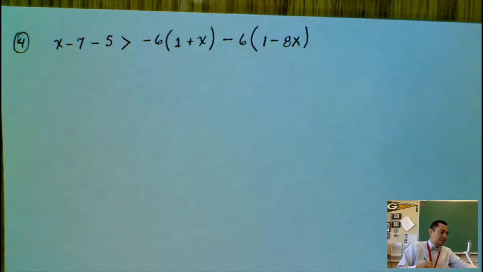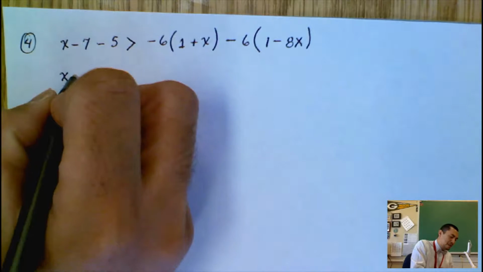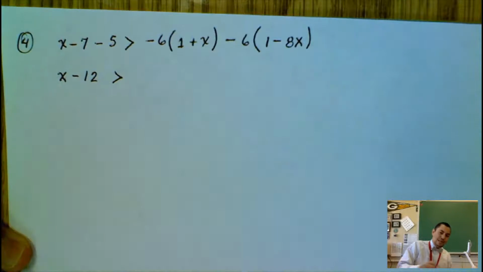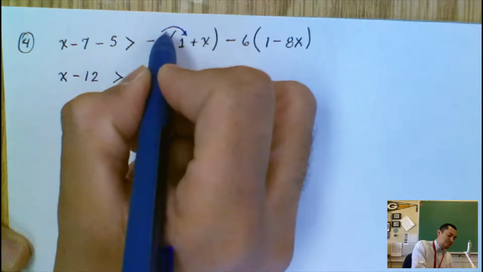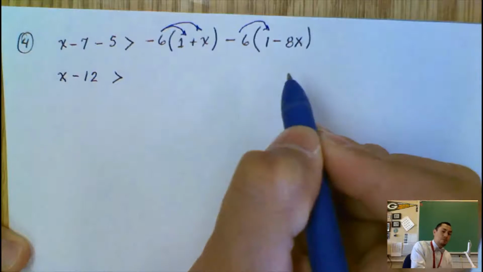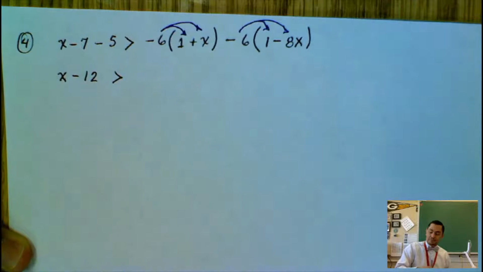So in this case, I have negative 7 minus 5, which equals negative x minus 12, is greater than, now look at this one, distributive property. Negative 6 times 1, negative 6 times x, negative 6 times 1, negative 6 times negative 8.